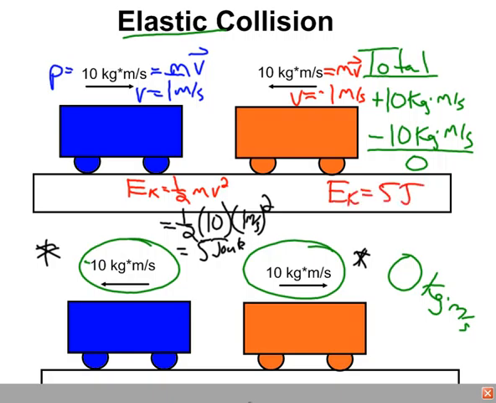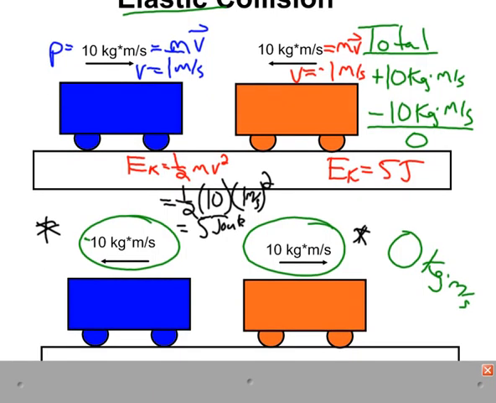Now, energy is a scalar, so the direction doesn't matter. So the total energy before the collision, pardon me, is 10 joules of kinetic energy. You can see then that after the collision, since the objects have the same velocities but in the opposite direction, you can do the math for yourself and see that the kinetic energy of the red object will be 5 joules.